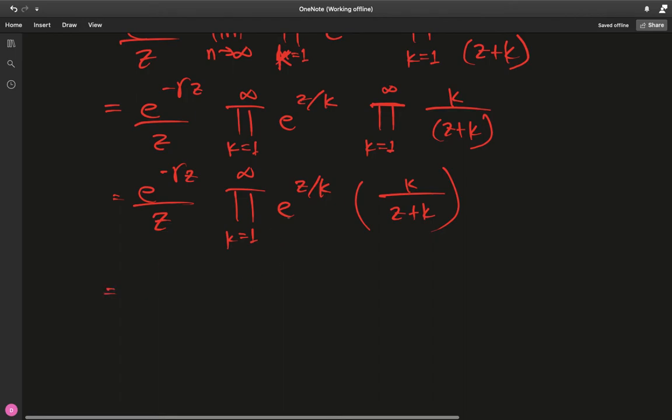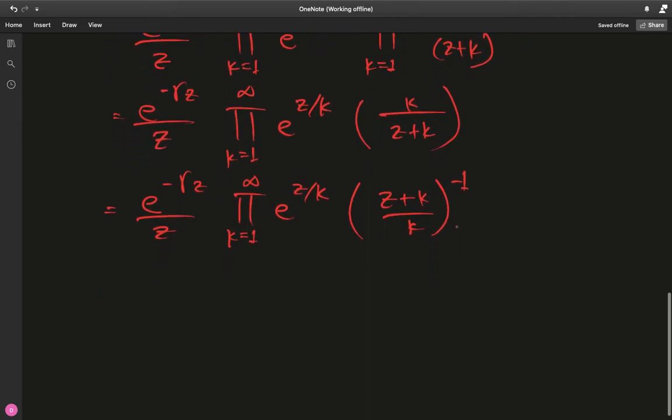Now we can actually flip this around with e to the minus small gamma times z over z, product from k equals 1 to infinity of e to the z over k, and split this up with z plus k over k, inverse, because we just took the reciprocal. A reciprocal of the reciprocal is just the normal expression itself.